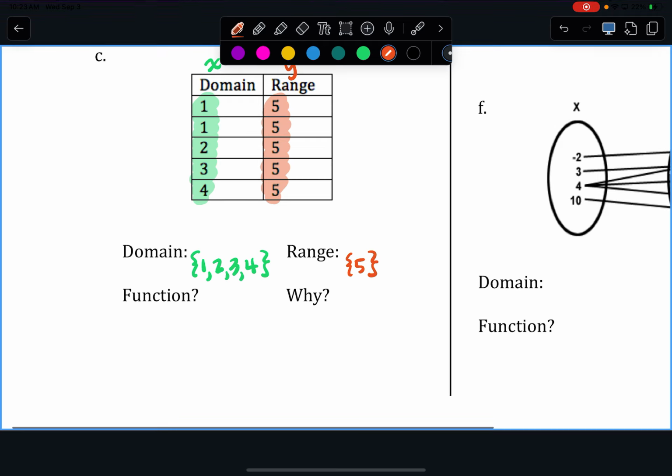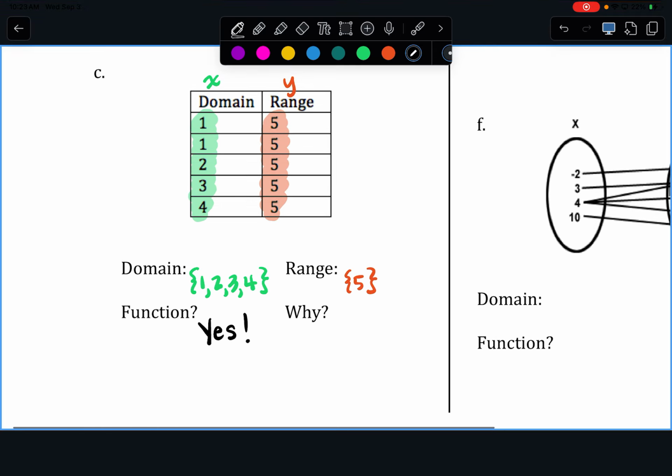Is this a function? This is kind of a tricky one, so you've got to think about it for a second. The answer is yes. This is a function. Some of you might have initially put no because you have repeating 1's, but it's not just if the 1's repeat. Remember, it's if it gives you 2 different outputs.